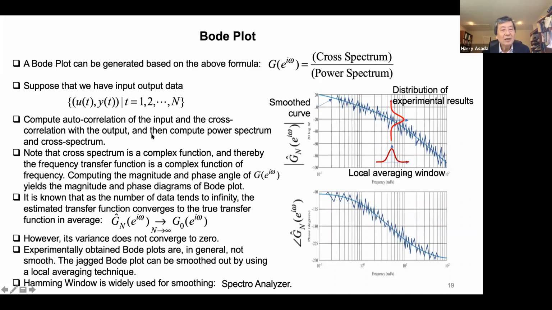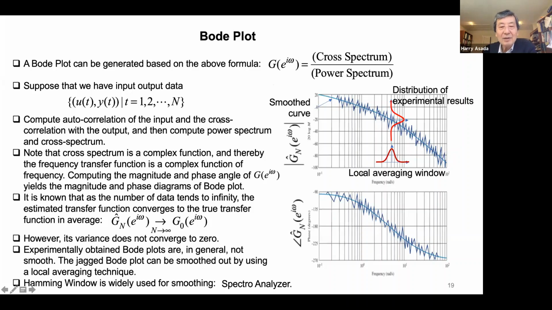Then each of them is to be converted to the frequency domain by using the discrete time Fourier transform. The result is the power spectrum, the autocorrelation, and the cross spectrum. But I know this G(e^{i omega}) is a complex function.